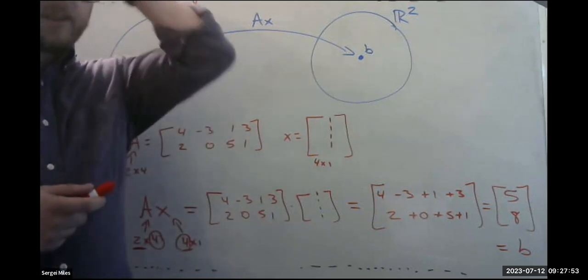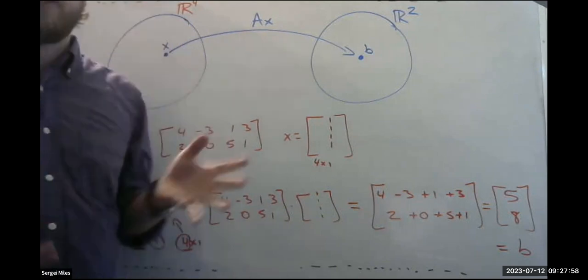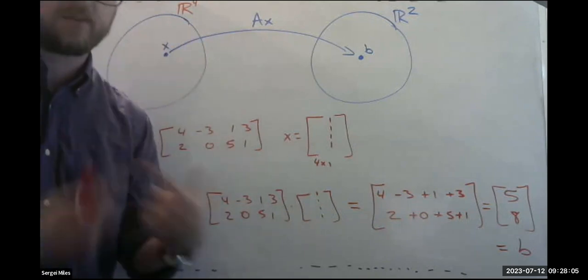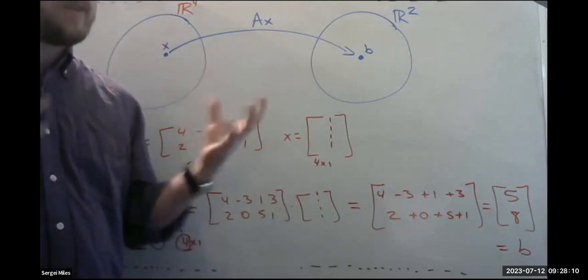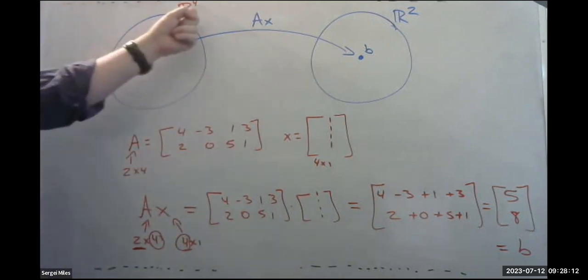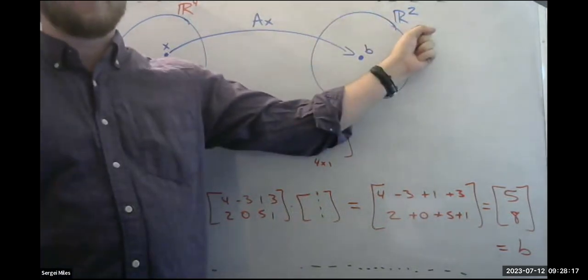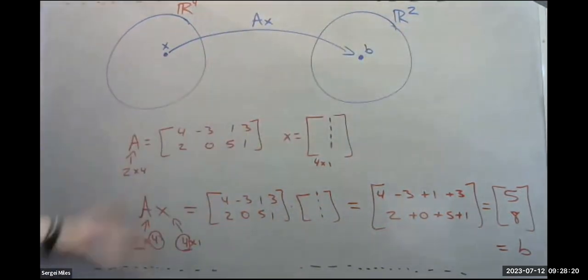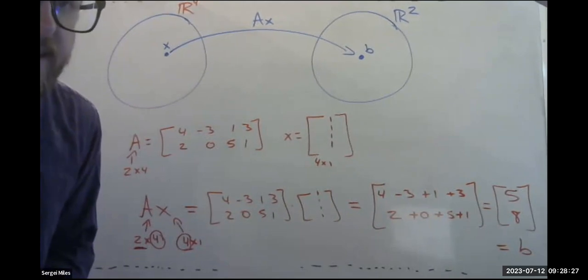So file compression has to be done very carefully, in a way that is reversible. These are all ideas we're going to talk about later in the semester. I just want to get the ideas rolling now. But for now, you can think of this as taking something more complicated and compressing it into something less complicated. That would be one application of this kind of transformation. Okay, good. Let's keep going.